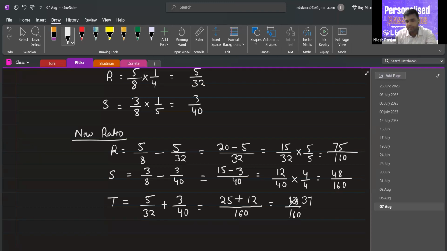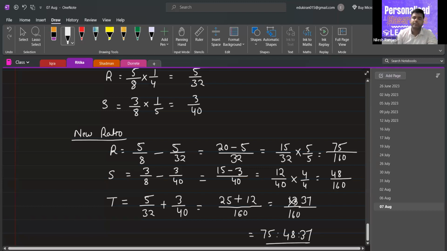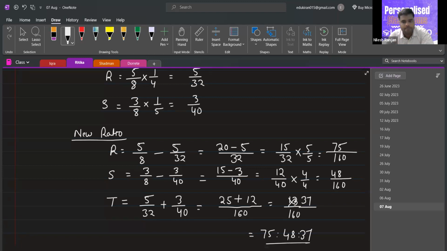It is 37 by 160. 75, 48, 37. Is this clear? Okay. Actually, that was a plus sign, but I had deducted. So when I was totaling all of them, it was not 160. So that's why I thought it was incorrect. So 75 is to 48 is to 37.